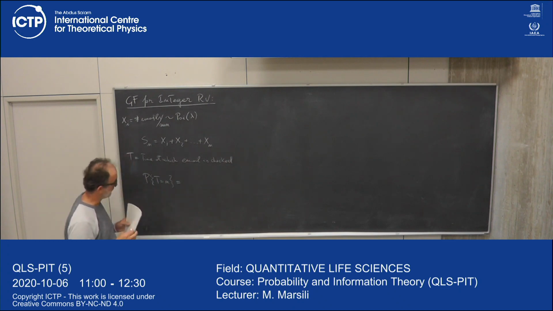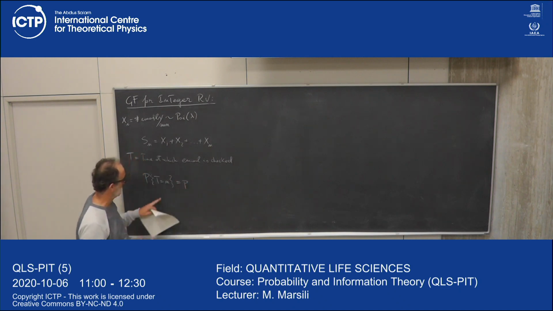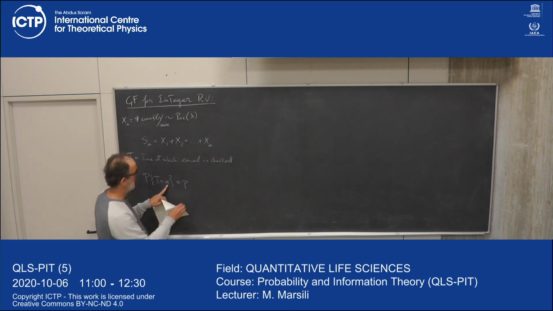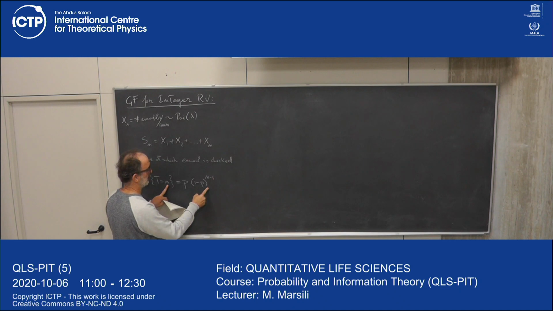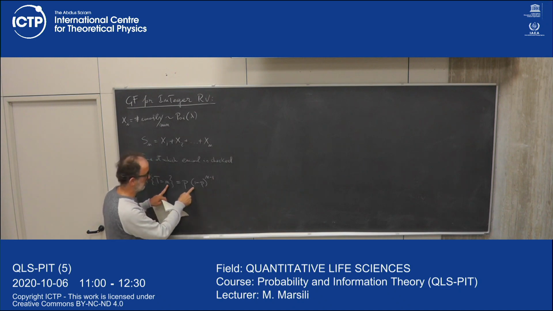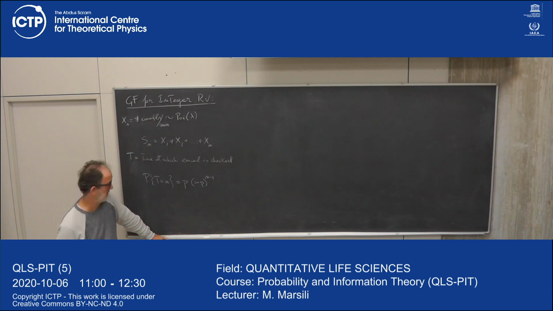Well, if this guy checks his email at minute n, then it means that he has not checked his email in the previous n-1 minutes, and this of course with probability (1 minus p) to the n-1, and then he checks the email at minute n with probability p. Okay, so this is another distribution which is called the geometric distribution.